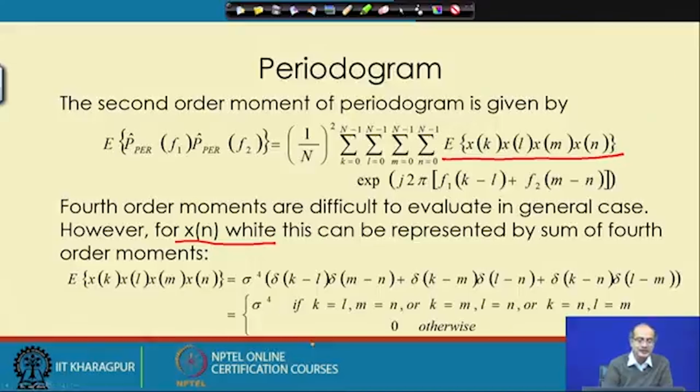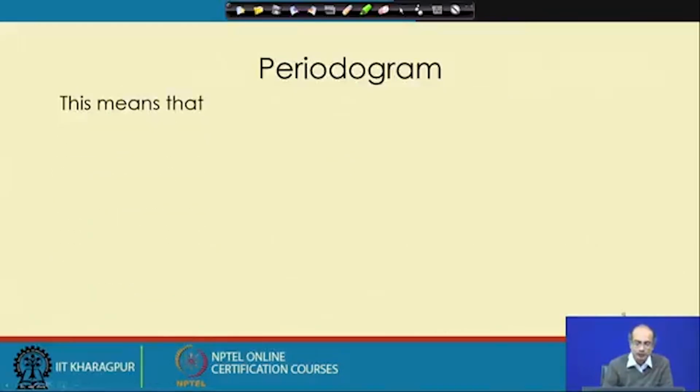All the other places it would be 0. So, we could get a somewhat tractable value of this, and using that now we will see how we get the second order moment.